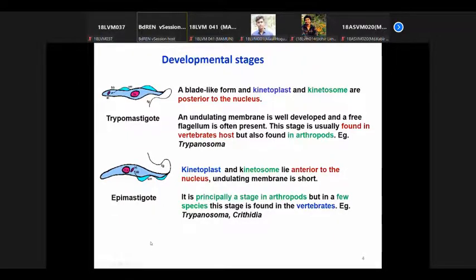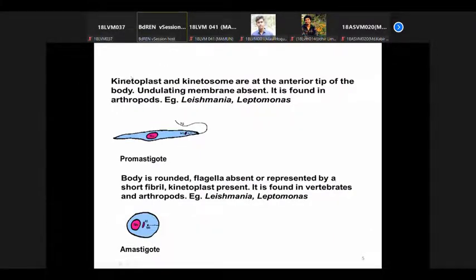Okay. So next, let us see the developmental stages. The promastigote. Kinetoplast and kinetosome are at the anterior tip of the body. You see in the photographs, kinetoplast and kinetosome both at the anterior tip of the body.